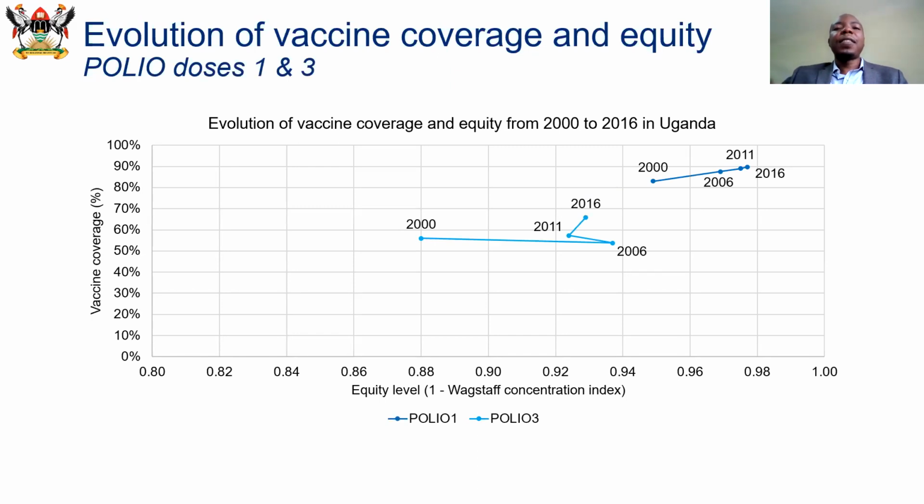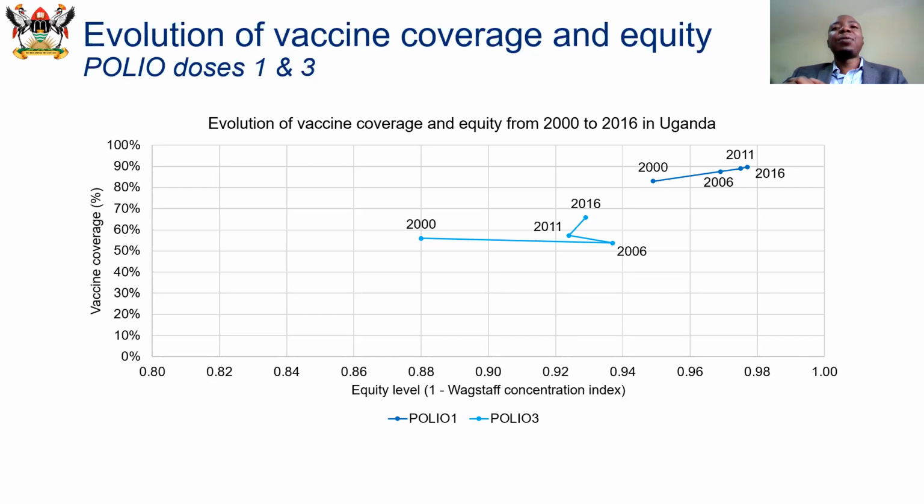However, we see a different picture for polio, specifically polio 3, where we seem to see a slight decline in coverage, but also a kind of zigzag picture in both coverage and equity between 2011 and 2016.